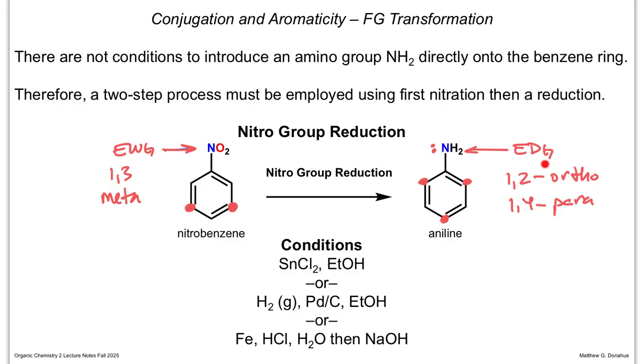And then notice of this, what I haven't said yet is, you have 2 possibilities. Can it go ortho or can it go para? For the most part, things will go para just due to sterics. Like you want to get the next group as far away from the existing one. But ultimately, you do end up with mixtures.